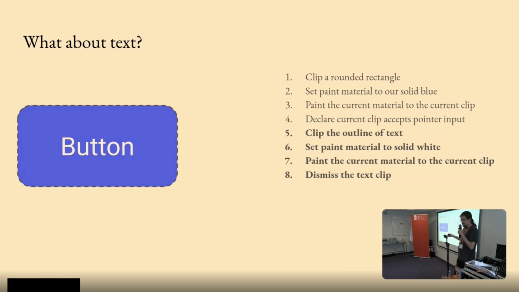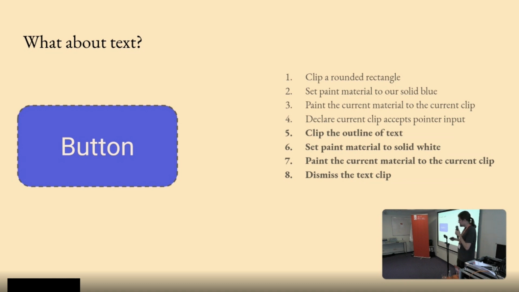And once we have that path, we just do the same thing we did with our rectangle, right? We clip the path, and then we set our paint color to a solid white, and then we issue a paint. And everywhere that infinitely large plane of solid white intersects with our path becomes white.